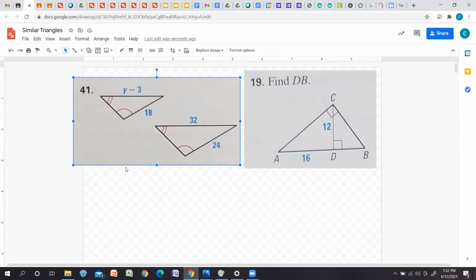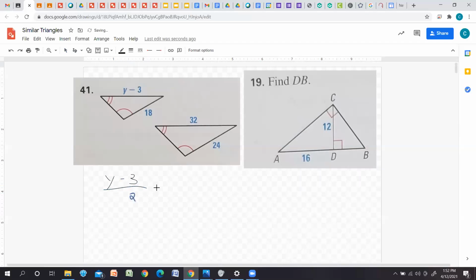So I'm going to say y minus 3 divided by 32, and then the other part, it's going to be 18 over 24, the same side of the triangle.